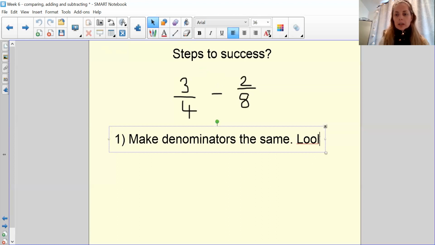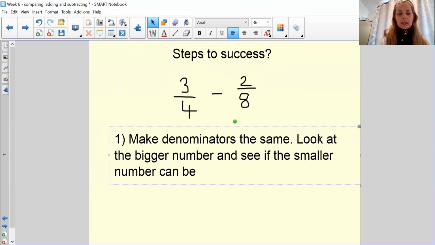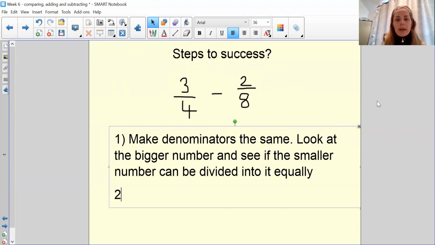So look at the bigger number and see if the smaller number can be divided into it equally. Right, then number 2.